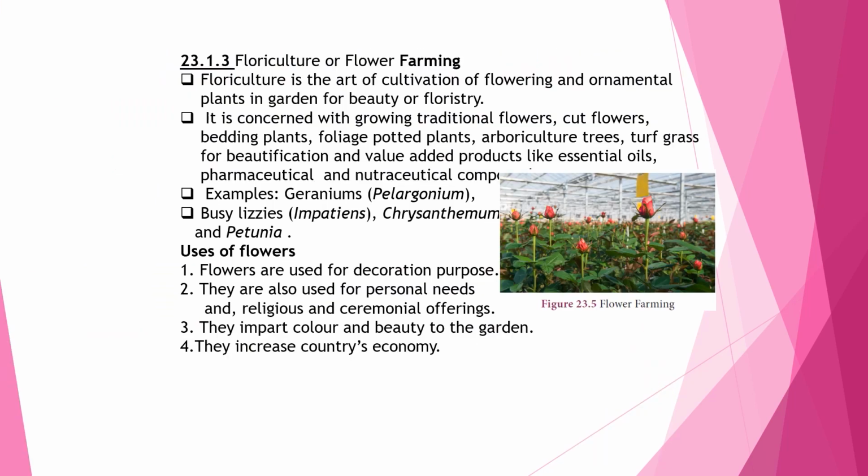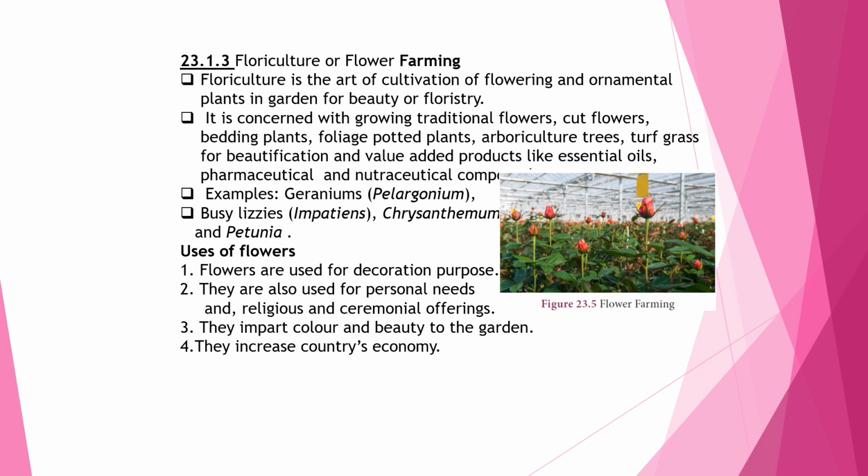Floriculture or flower farming is the cultivation of flowering and ornamental plants in gardens for beauty and floristry. It is concerned with growing traditional flowers, cut flowers, bedding plants, foliage potted plants, arboreal trees, tuft grass for beautification, and value added products like essential oil for pharmaceutical and nutraceutical companies.